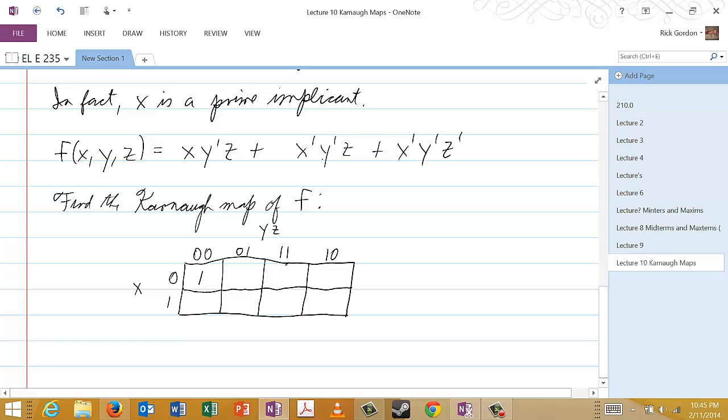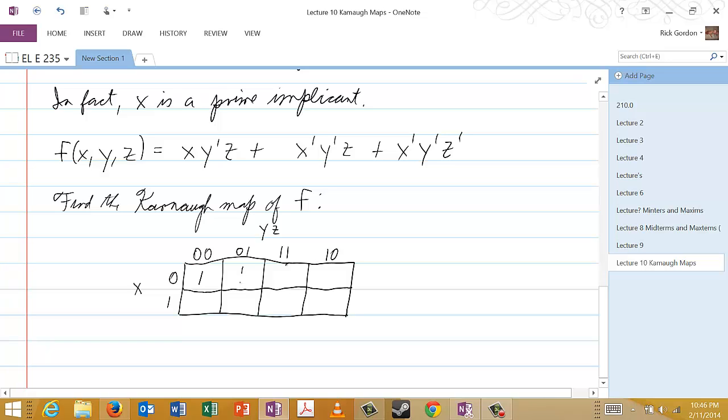Now for the 0, 1 cell, this means again, x is 0 and y is 0, z is 1. So if we try that out for this function and look in particular at the second term here, if x is 0 and y is 0, then x prime will be 1, y prime will be 1, and we have z is 1, so again 1 ANDed with 1, ANDed with 1.